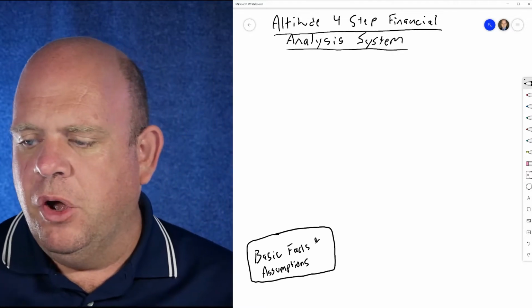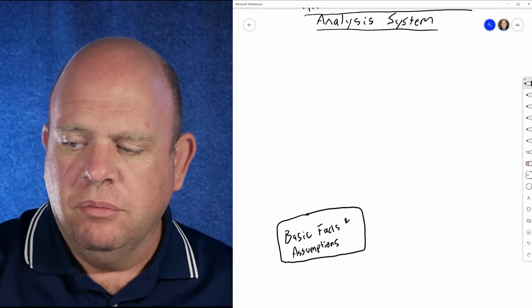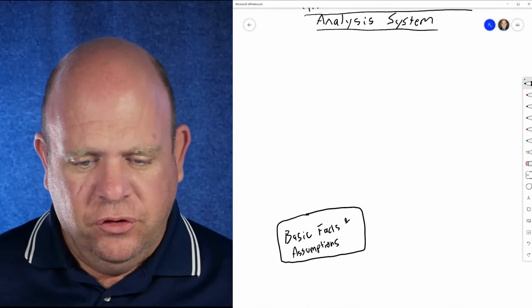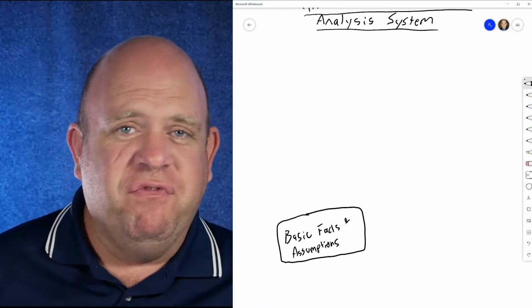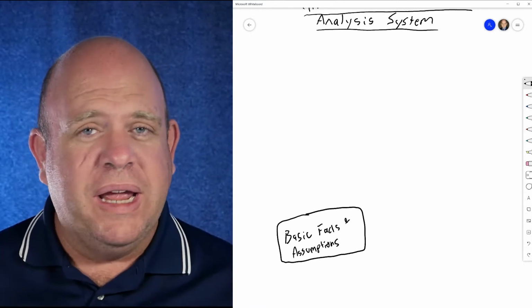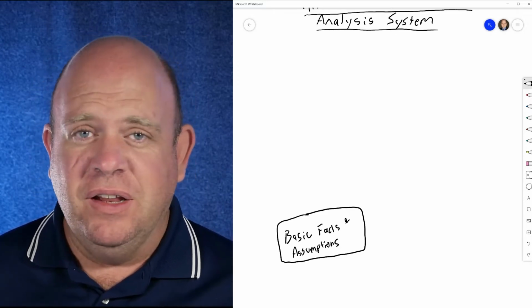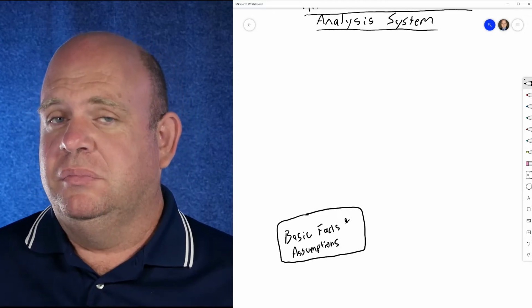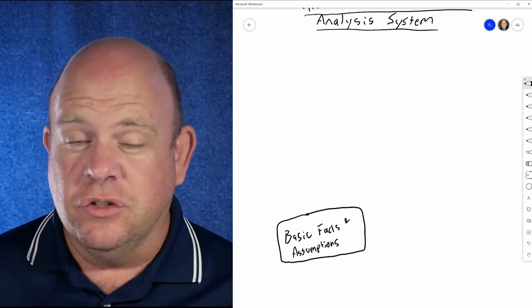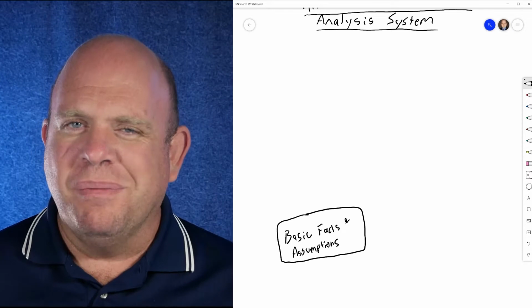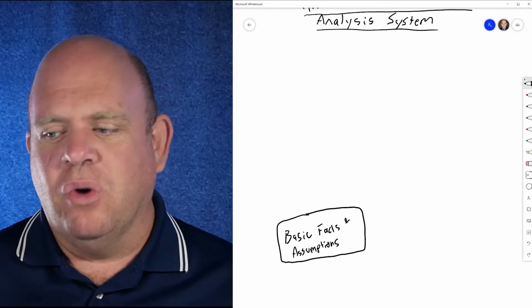So this is composed of facts, assumptions, and market data. So those facts that just are facts. I mean, they're just the reality of the world. The building is 15,000 square feet. That's a fact, right? It's not going to change. The address is whatever the address is. Those are the basic facts that drive everything.